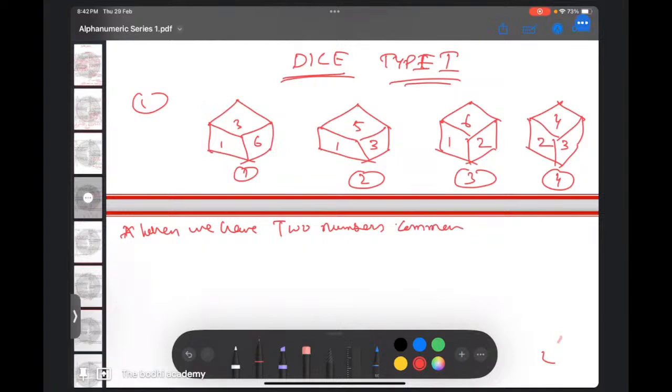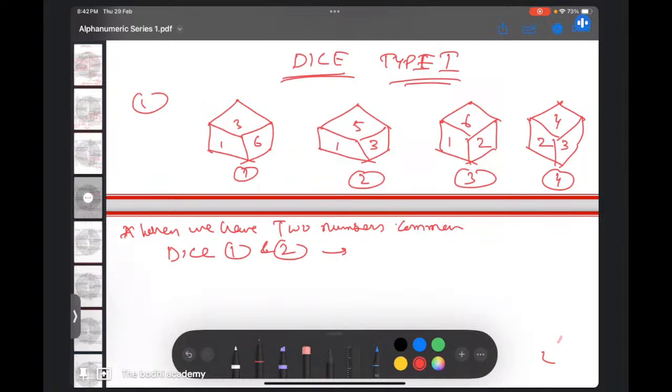two numbers common. Okay. Now, when we have two numbers common, for example, look at the question. Look at the dice 1 and 2. What we are having?